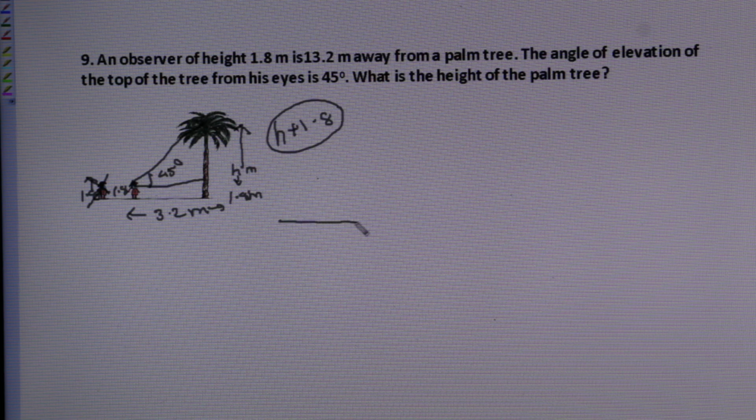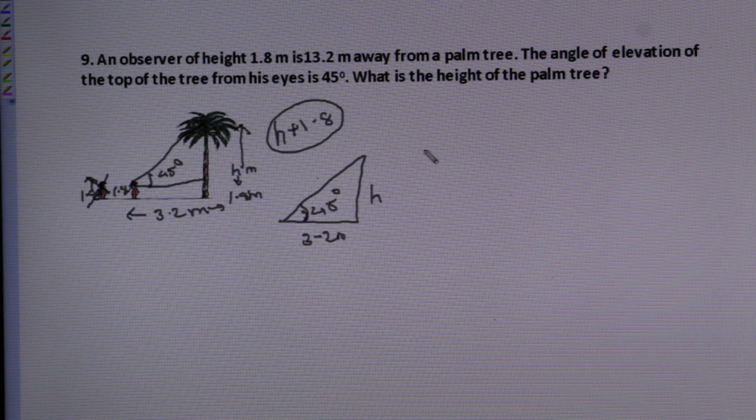First take the right angle triangle, and this is 45 degrees, and consider this height as h, and this is 3.2 meters. For 45, h is opposite, this is adjacent. With opposite and adjacent, there is a trigonometric ratio, tan.